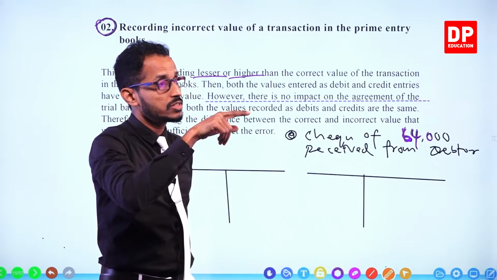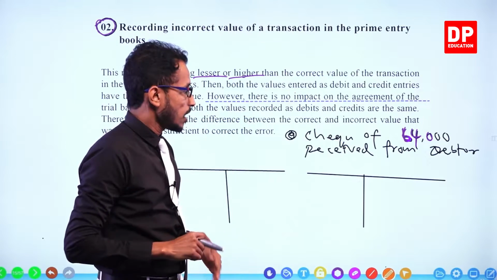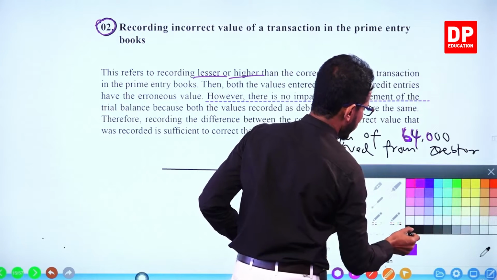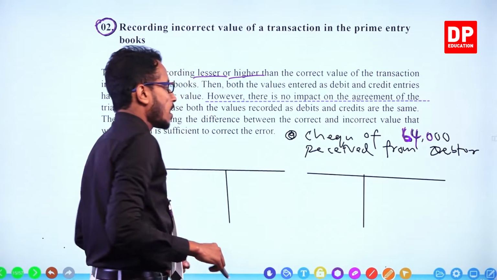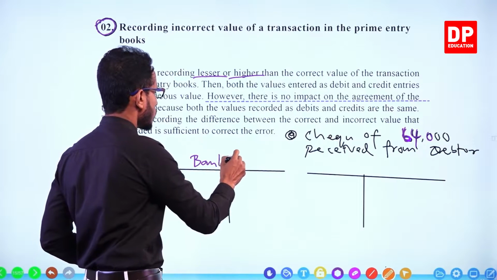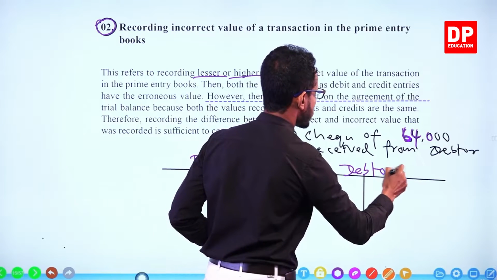Sirisena gave the check. Let's record it. Likewise, he goes to record in the relevant accounts, and the bank account is debited, debtor's account is credited.